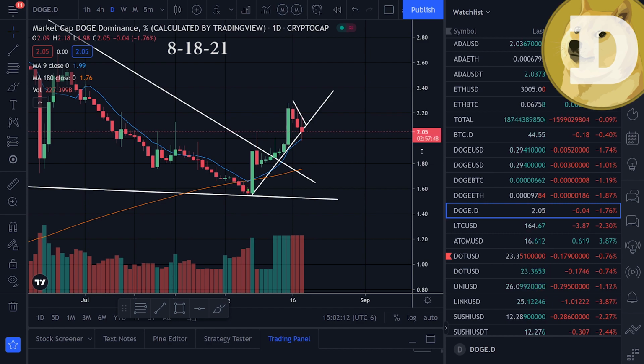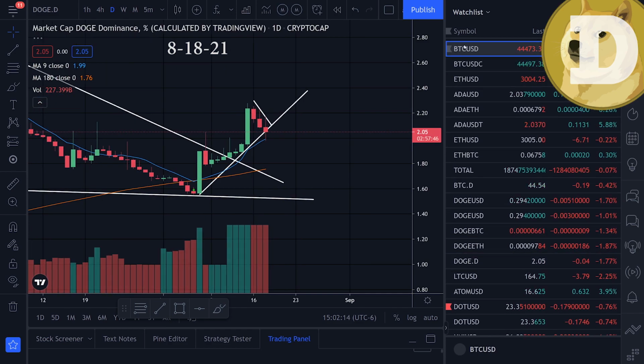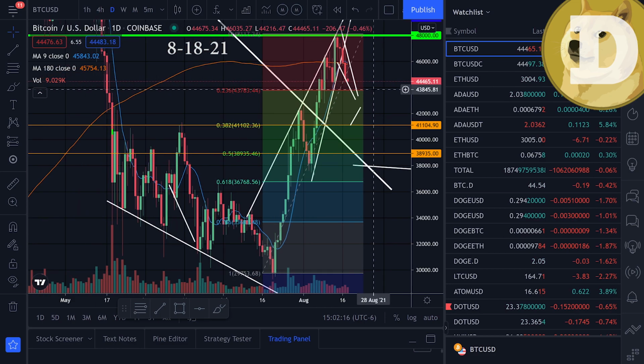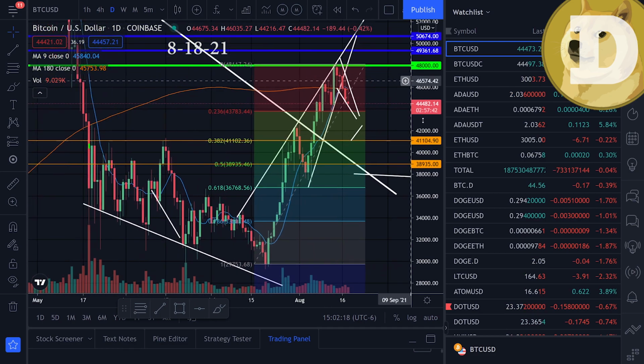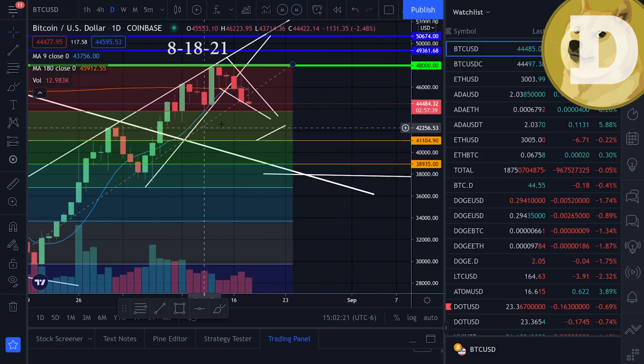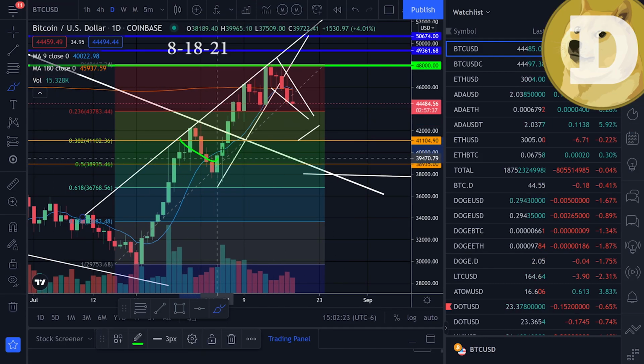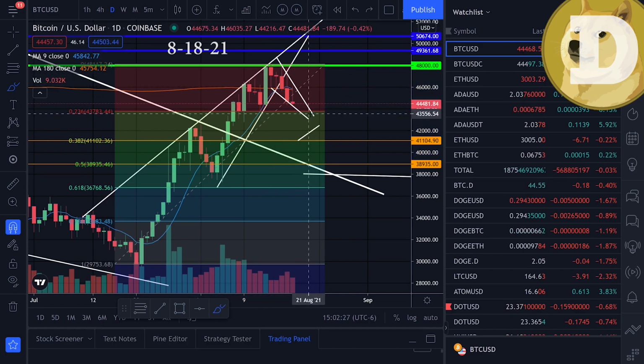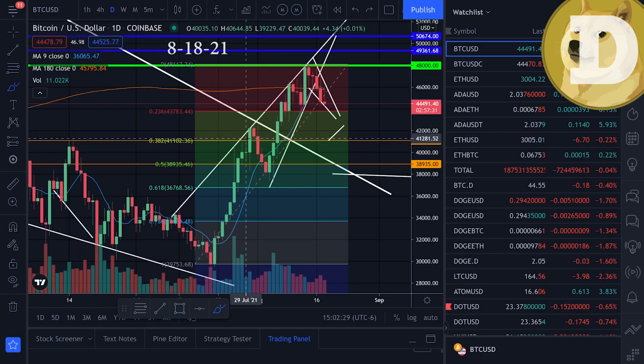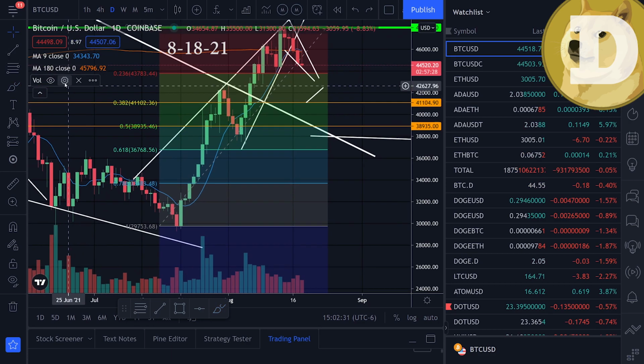The thing is that if you look at Bitcoin, it hasn't really gone down as much as everything else. We were in a rising wedge right here, and we broke that rising wedge to the downside, and I'm basically doing the same thing I was doing with the other charts, a Fibonacci retracement.